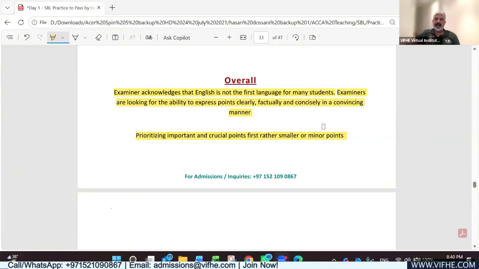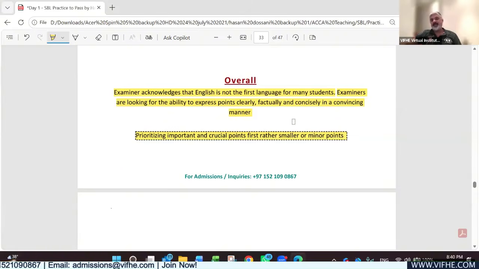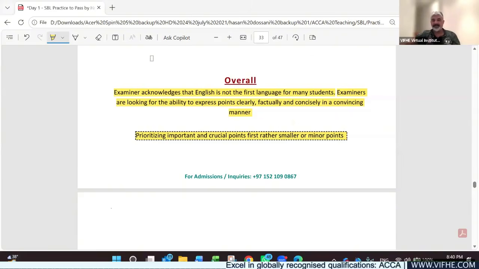Okay, done. So we are done with professional skills. Once we start our past paper practice, we will apply all these professional skills and you will understand how these are demonstrated in drafting. All right, done.